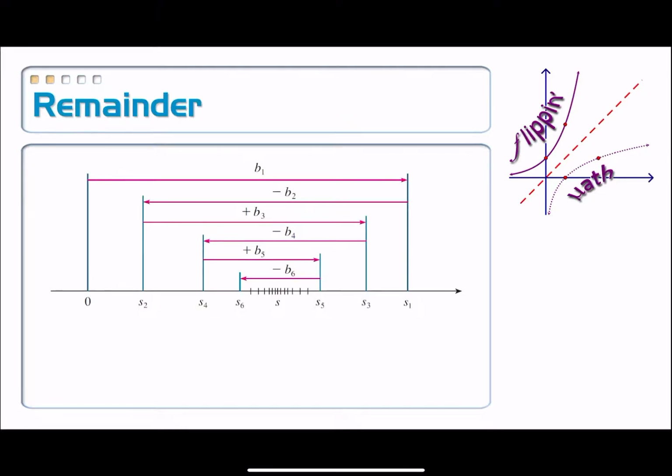In this first picture, what I've got is the partial sums. The first one, S sub 1, is the first term. Then I take away the second term, and I arrive at S sub 2. Then I add in the third term and arrive at S sub 3. Then I take away the fourth term, and I arrive at S sub 4.